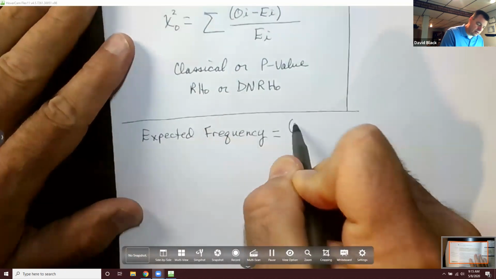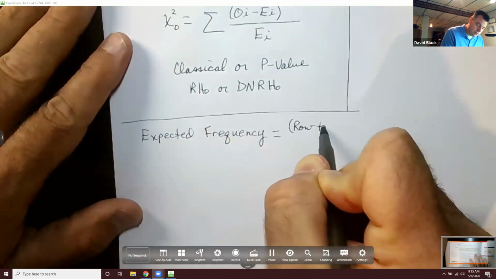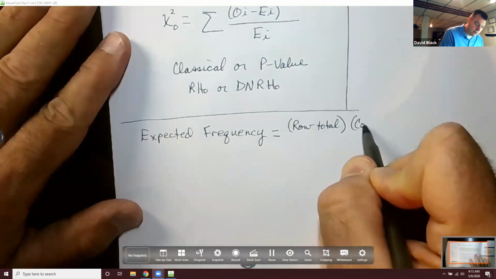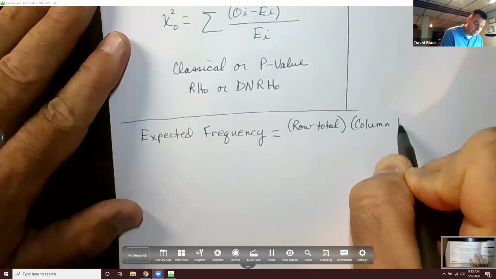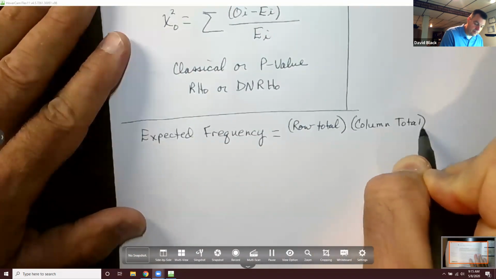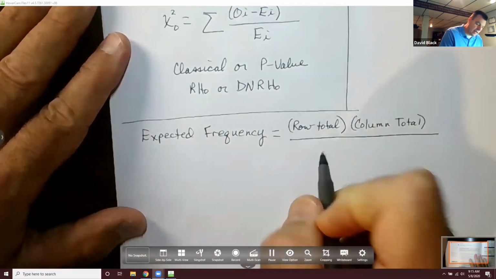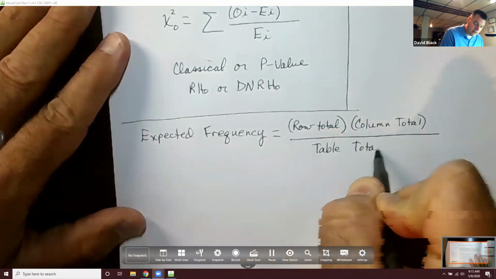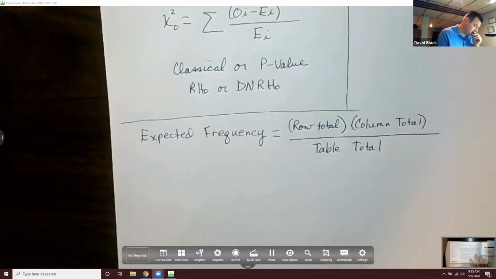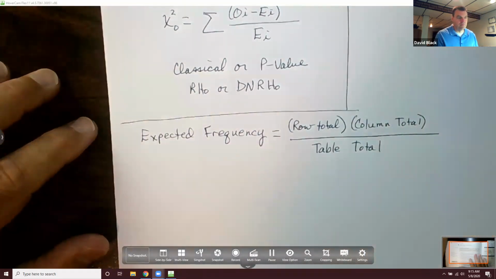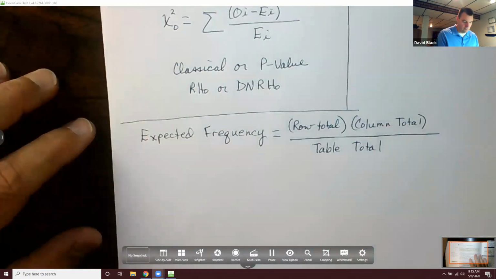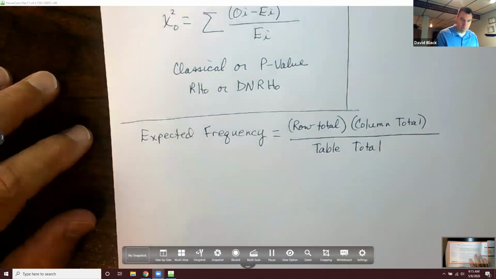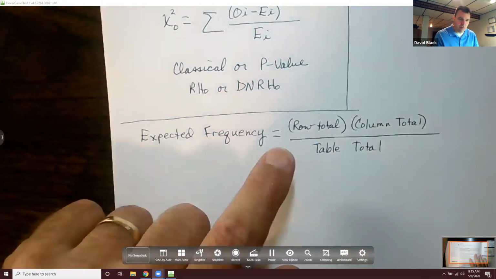What we're going to do is take the row total times the column total and divide by the table total for each one of those cells. That'll make more sense here in just a moment.